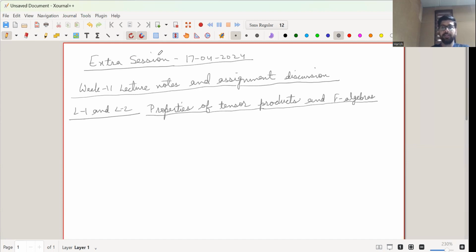I will just list out the properties without giving a proof. The proof is already there in the lecture notes, so you can go and see.